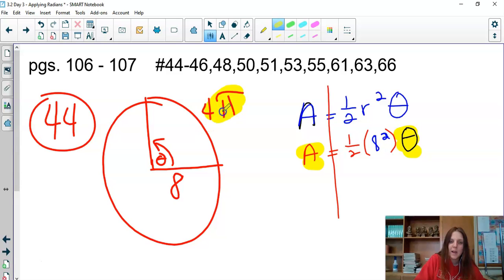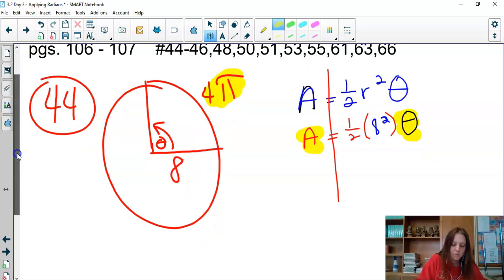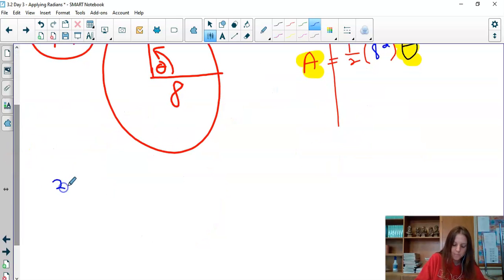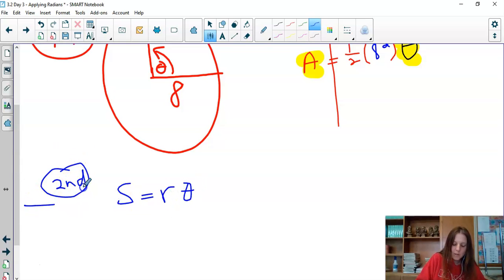When we know the S value, the arc length, and we know a radius, then we can find the angle. Okay, so again, start here. This is what you do first. And over here, this is what we're going to do second. We're going to use S equals R theta in order to find the angle.